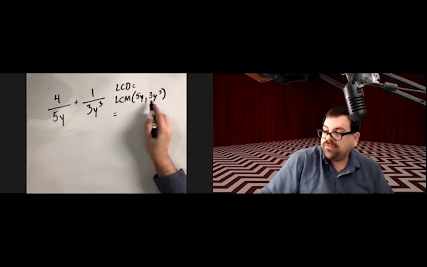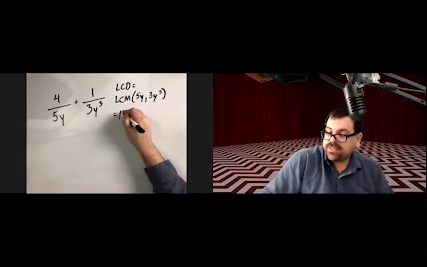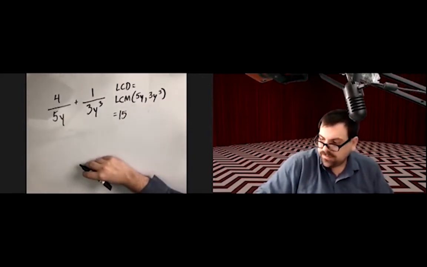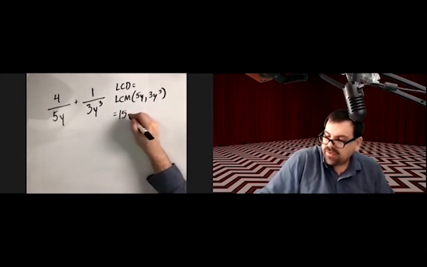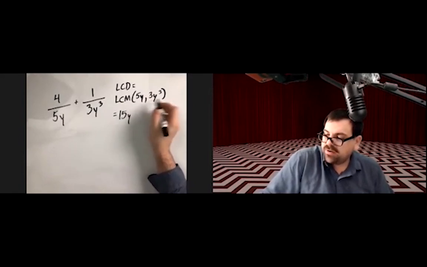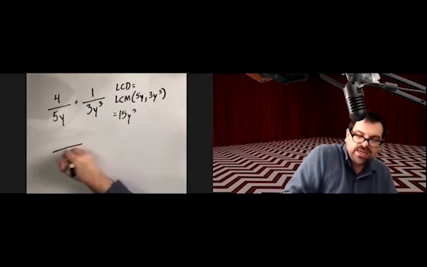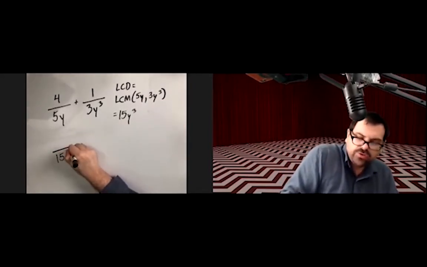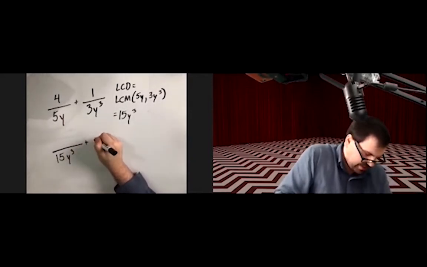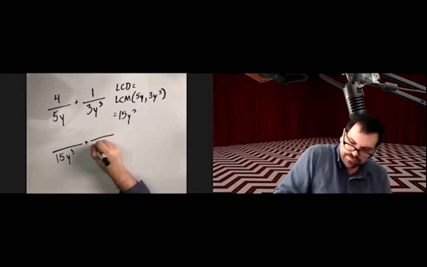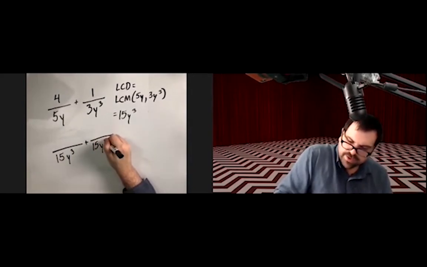Least common multiple of 5 and 3 is 15. We have a y, and the highest power of y we have is 3. So 15y cubed is going to be the common denominator.